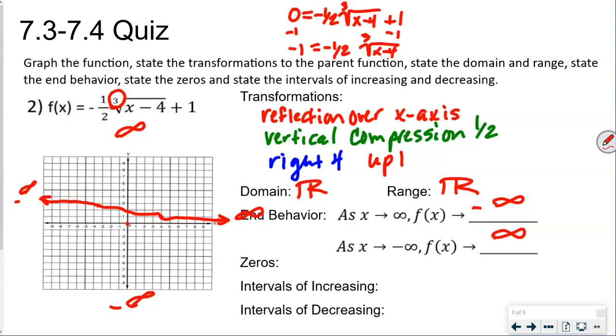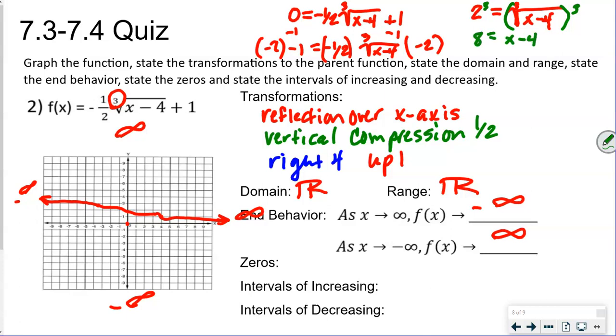So then I'm going to multiply both sides by negative 2 to get rid of that. So that's going to give me 2 over here is equal to the cube root of x minus 4. So then I'm going to cube both sides. So that's going to give me 8 over here, x minus 4. So we're going to add 4 to both sides. So x is equal to 12. So that's my 0, x equals 12.